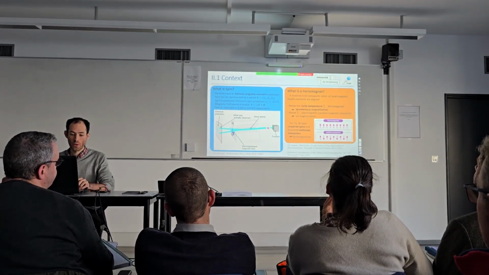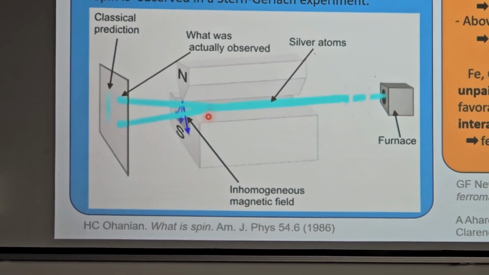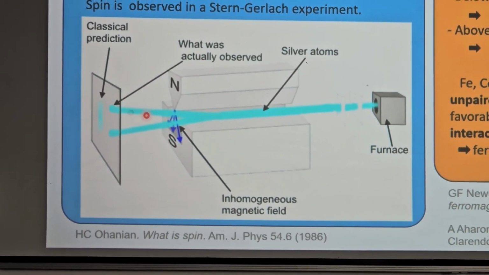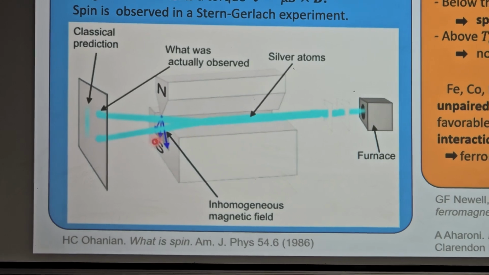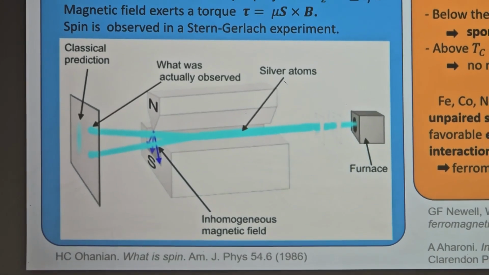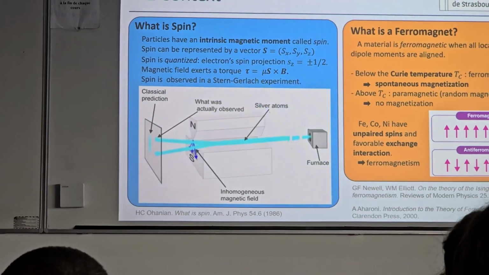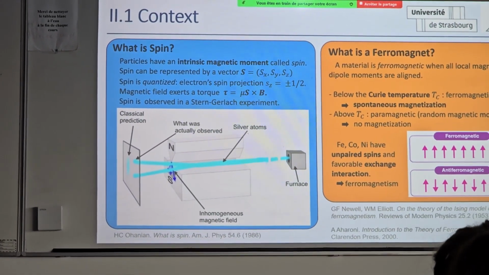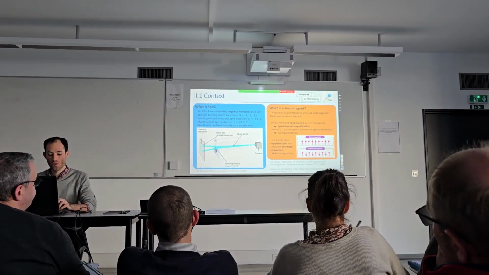You fire some particles into a tube in which you have a homogeneous magnetic field, and you find out that at the end of the tube, the particles are deflected into two possible directions, which shows the quantization of spin.